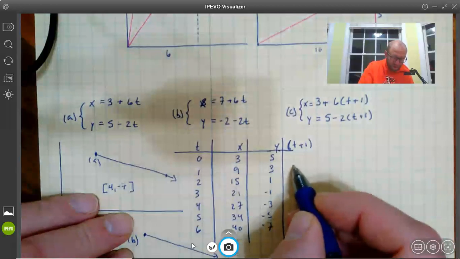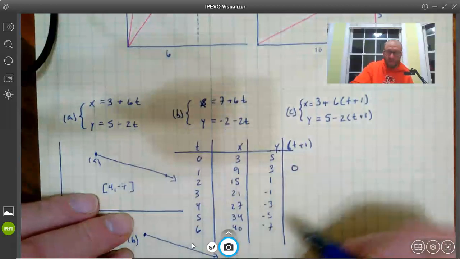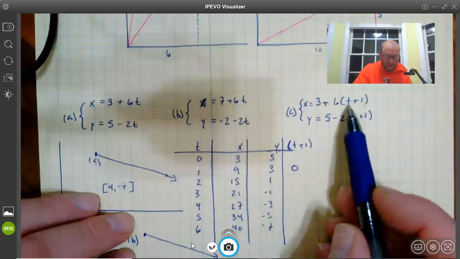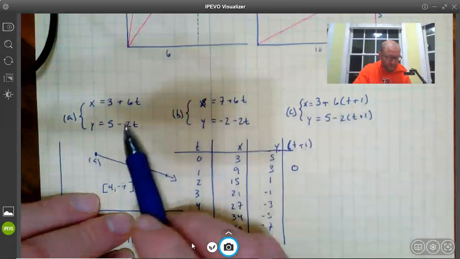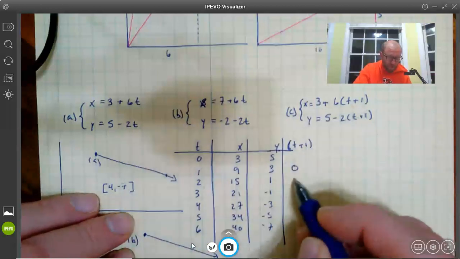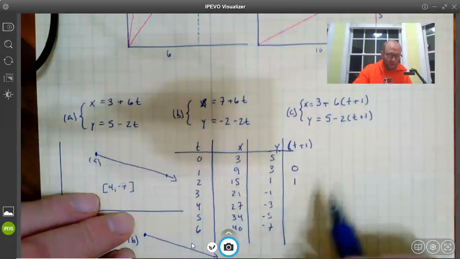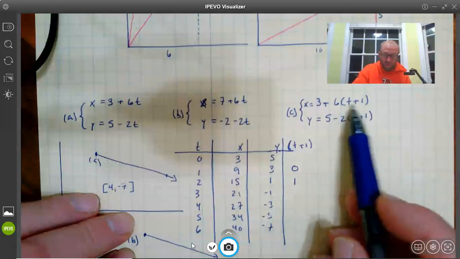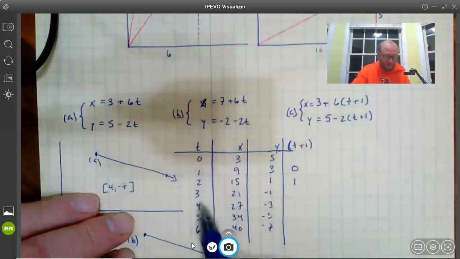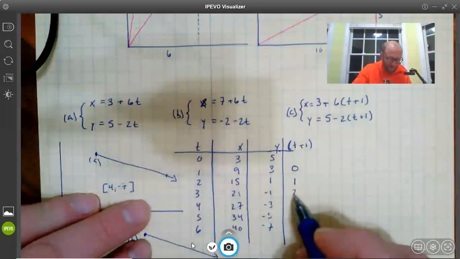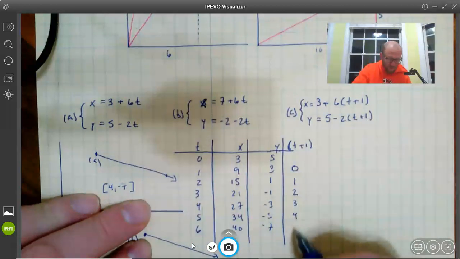So right here is the output we get when t is 0. When t is 1, well, 1 plus 1 is 2, so this is the same as we got over here when we plugged in 2. When t is 2, well, 2 plus 1 is 3, and so we should get the same output as we did over here when t was 3.